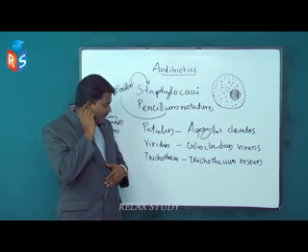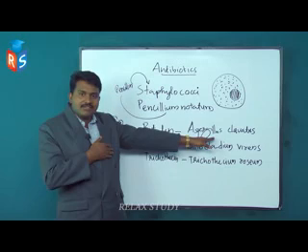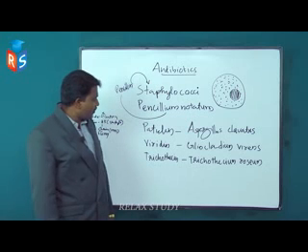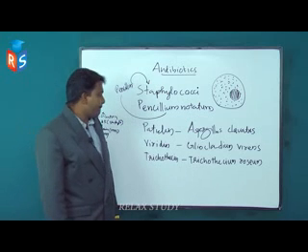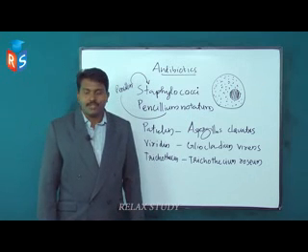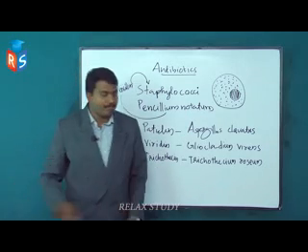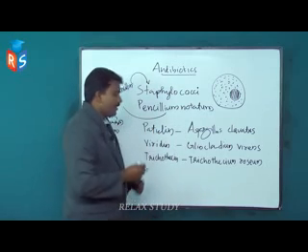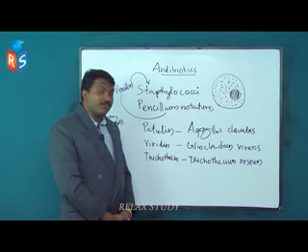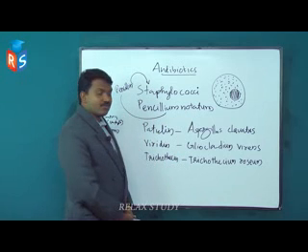Among those fungi, Aspergillus is one that used to produce an antibiotic called patulin. Patulin is one of the major antibiotics, derived from a fungus called Aspergillus clavatus.